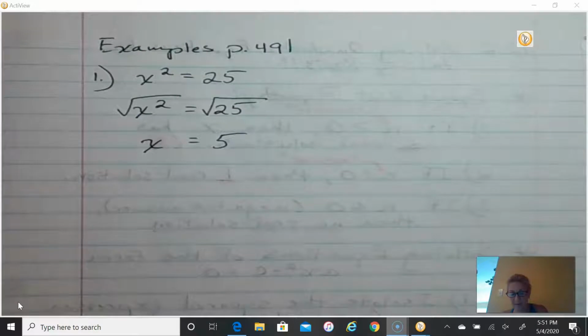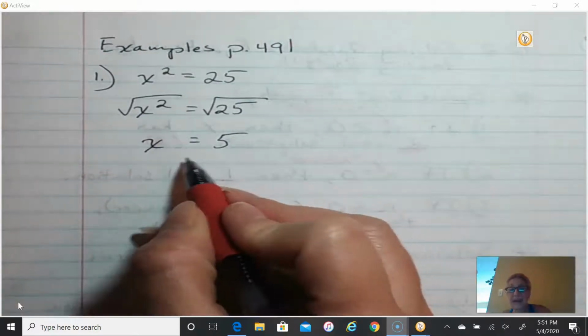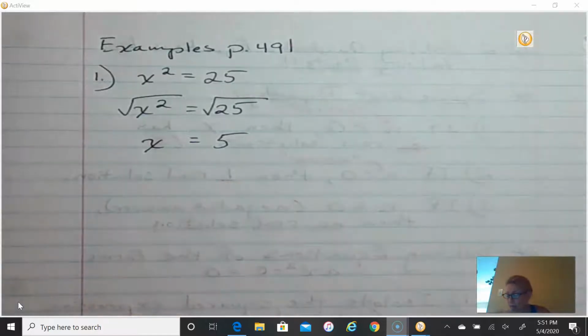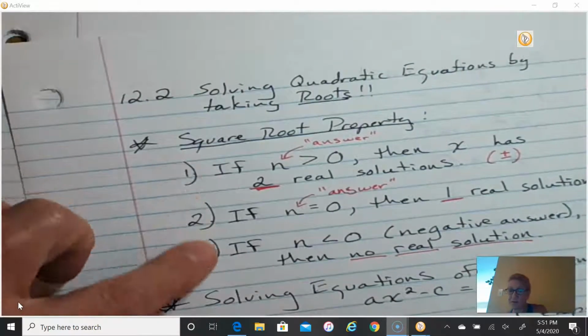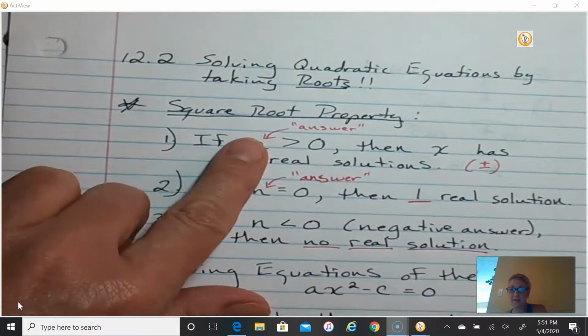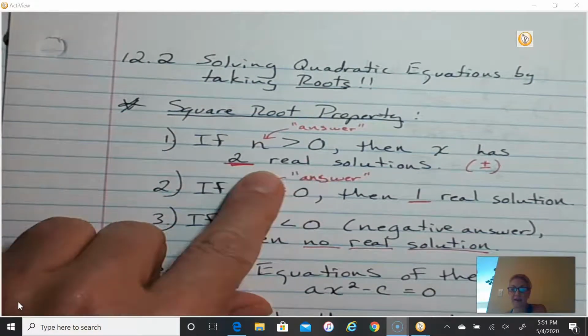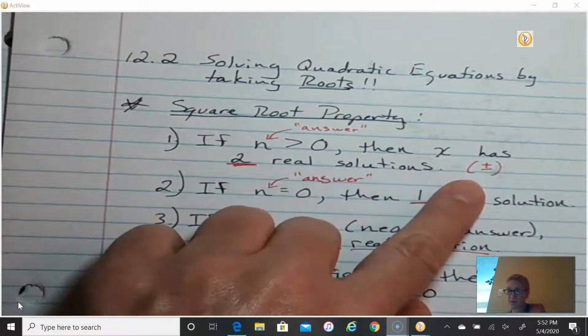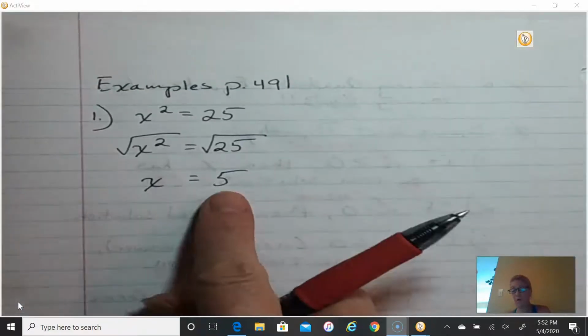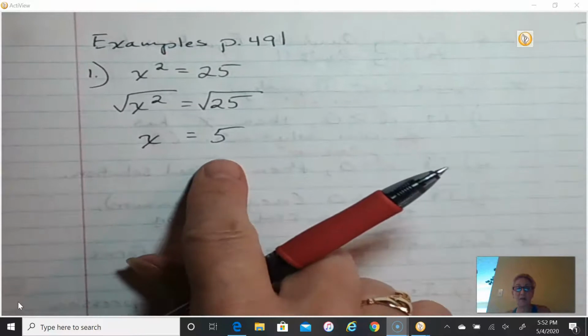So, let me ask you, first of all, is this answer, remember this part right here, if the answer is greater than 0, how many solutions does it have? 2. And it's written like that. So 5 is greater than 0.